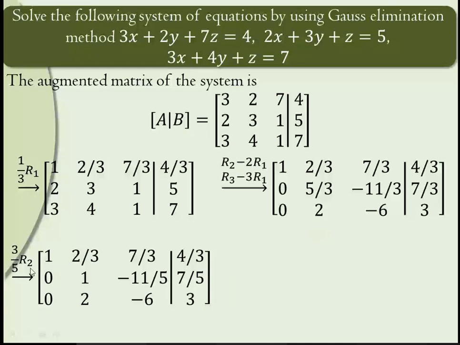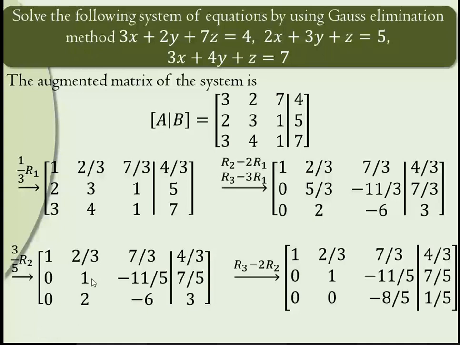Okay. Now, after getting this one, bring 0 below it. We want 0 here. And this can be brought by taking this minus 2 times this row. That is R3 minus 2 times R2. So it will be 0 minus 2 times 0, 2 minus 2 times 1, minus 6 minus 2 times minus 11 by 5, 3 minus 2 times 7 by 5.